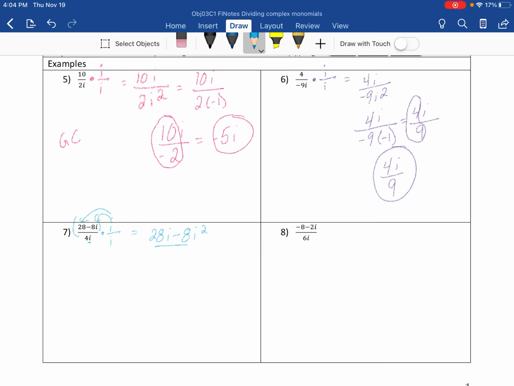All over 4i squared. It's going to be 28i minus 8. I'm going to replace my i squared with negative 1, over 4 times negative 1. I multiply this out, 28i plus 8 over negative 4.